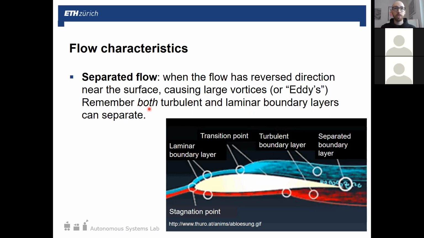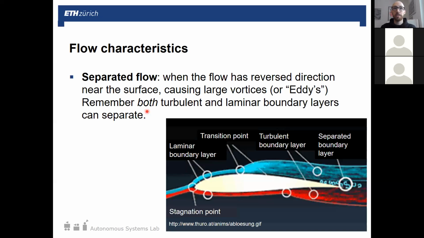But the thing I wanted to really point out is that turbulent and laminar boundary layers can both separate from the surface. So claiming, for example, that if my flow is turbulent, it's automatically separated, is not true. You can have an attached turbulent boundary layer, just like shown here, and also an attached laminar one.